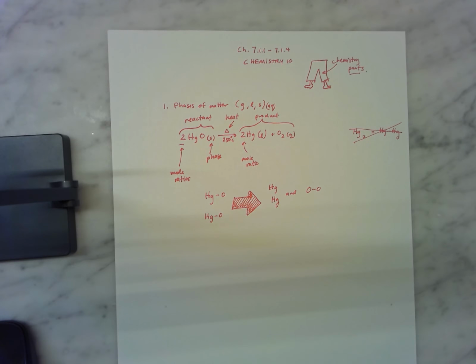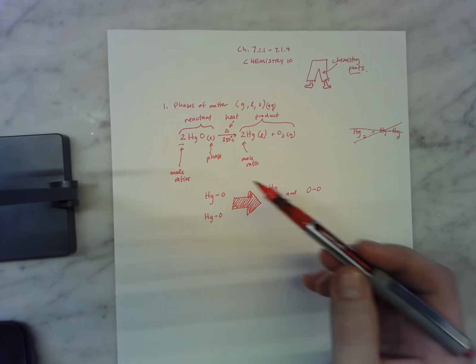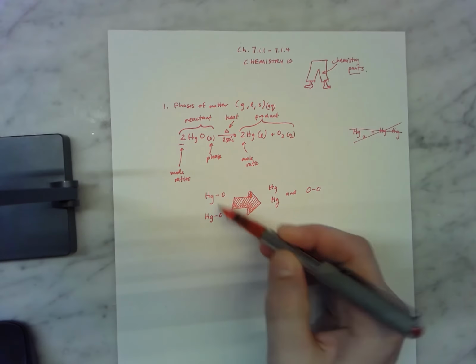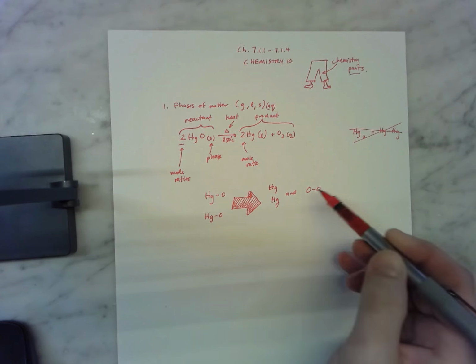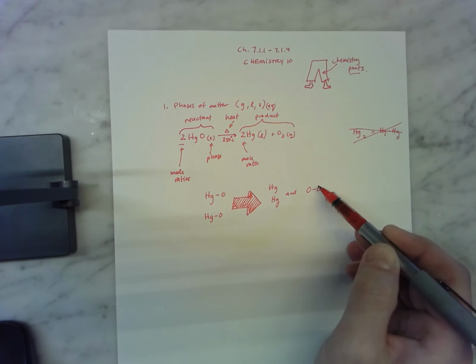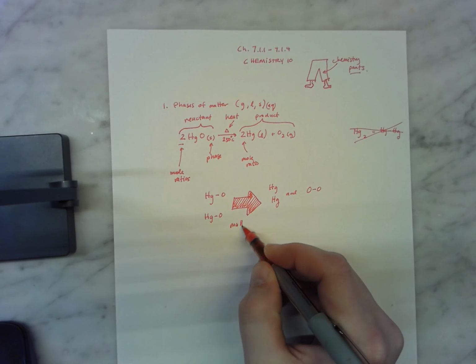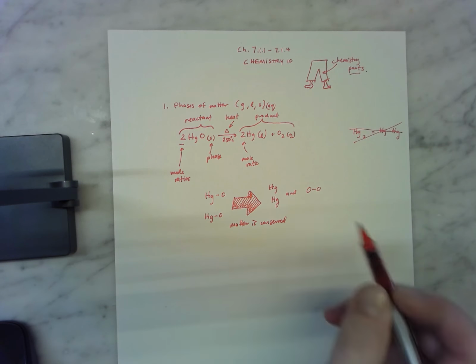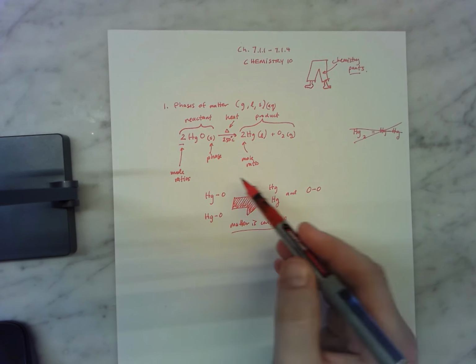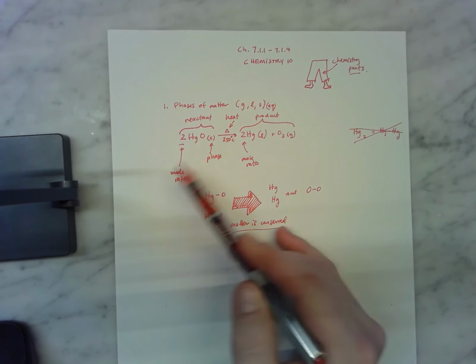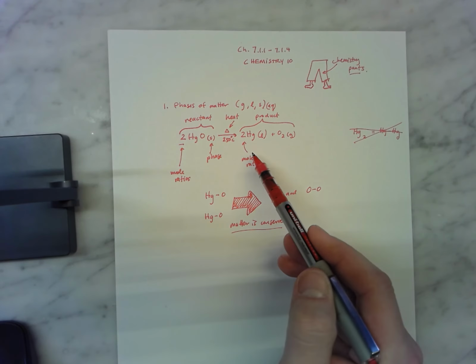All right, now, what's important about this? Well, what's important is that we have 4 atoms, 2 Hgs and 2 Os, and we have 4 atoms over here, 2 Hgs and 2 Os. Matter is conserved. Okay. Now, this, of course, is identical to the situation if this is a mole ratio or an individual atom ratio. Okay.